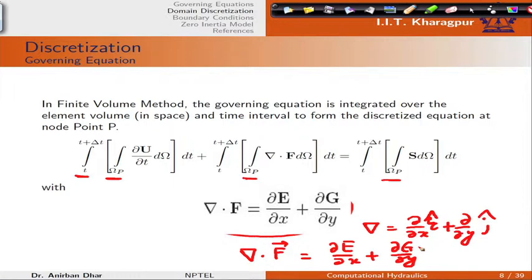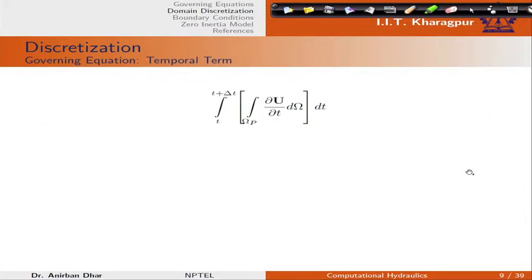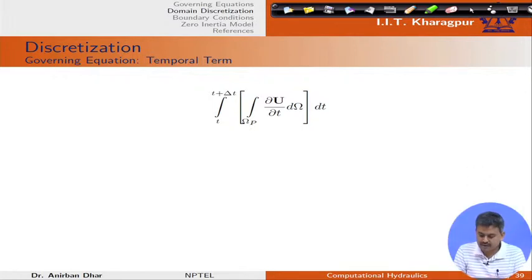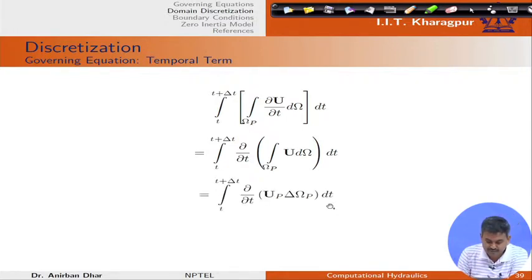So, after that I can start the discretization of my temporal term. So, the temporal term is nothing but, in this case, del u by del t directly, and this is similar to the discretization that we have utilized for our groundwater equations.